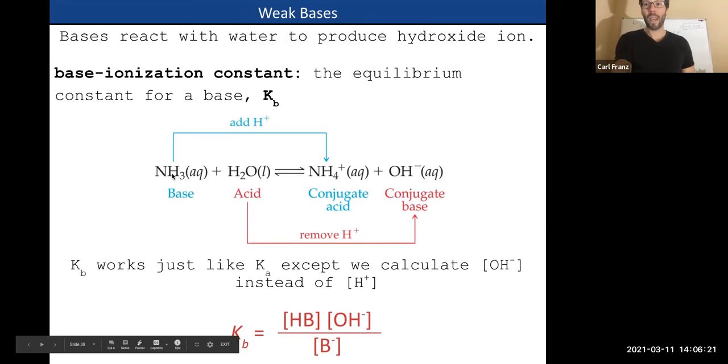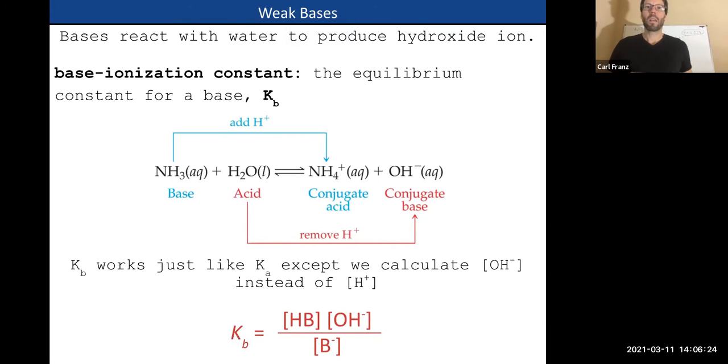That deals with now Kb. Kb is like Ka, only it's the base ionization constant. And instead of telling us the hydronium ion concentration, it tells us the hydroxide ion concentration. So same thing, same process, just tells us a little different information, okay?